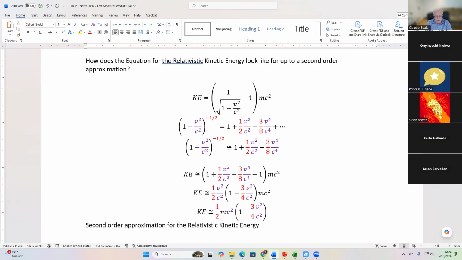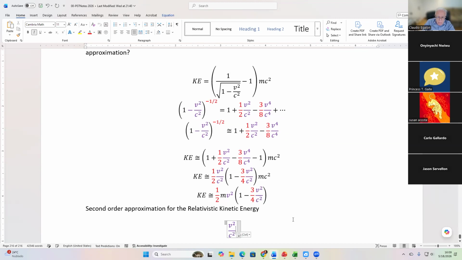This approximation is good up to 10% error, right? It is a good approximation for V squared over C squared less than 0.1.